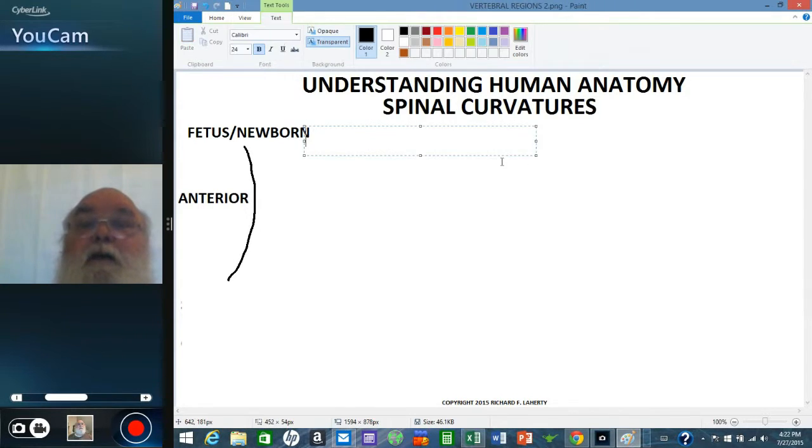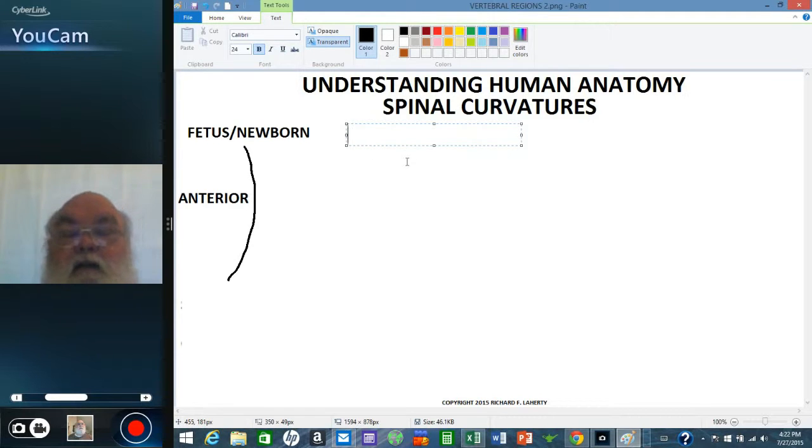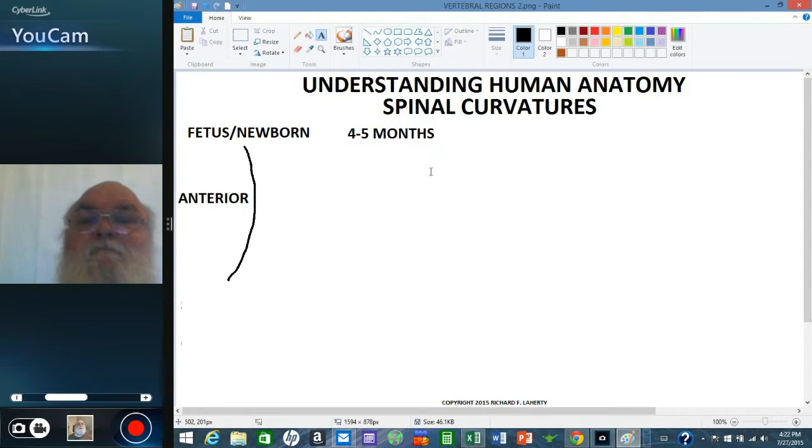Now, if we look a little bit later in development, if we look at the spine of a 4 to 5 month old baby, what we'll see is that it's no longer one continuous curve that's concave anteriorly.